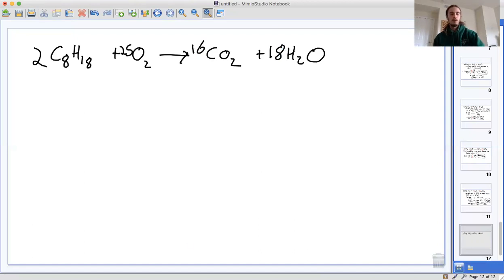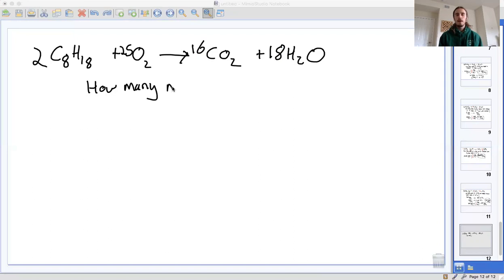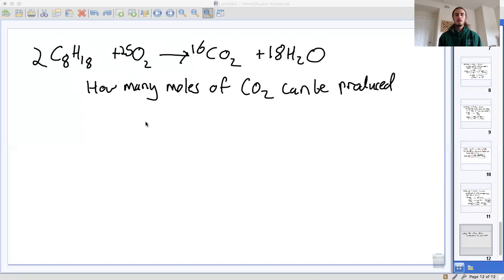All right, now let's see, what was the question? Question was, how many moles of CO2 can be produced from 4.75 moles of octane?